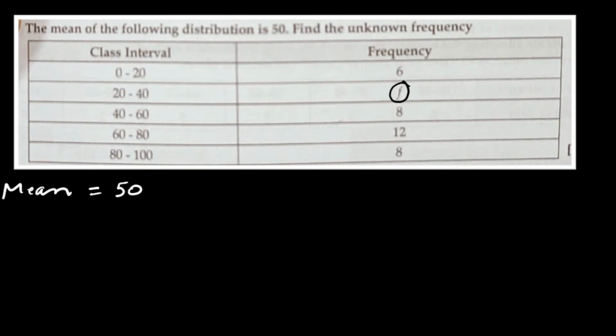For mean, this table I will utilize because the mean formula we know. With any formula you can attempt this type of question. I will attempt this question with the assumed mean method, that is the shortcut method. So I'll write the formula here: x bar is equal to a plus sigma fd by sigma f.